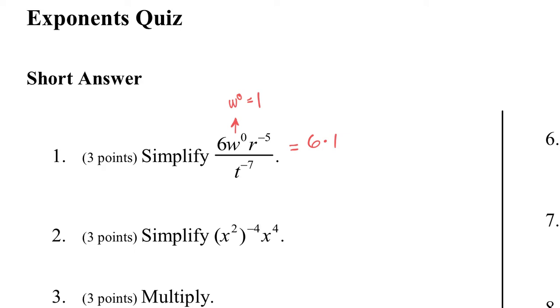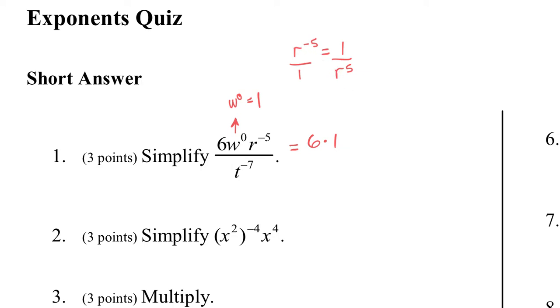Okay, and then let's deal with this r to the negative fifth. If you remember maybe from lectures or not, r to the negative fifth is the same thing as 1 over r to the positive fifth. And if I look at r to the negative fifth, that would be over 1, right? Anything divided by 1 is itself. And I see that it changed from negative to positive.